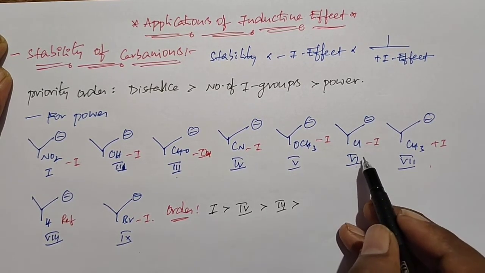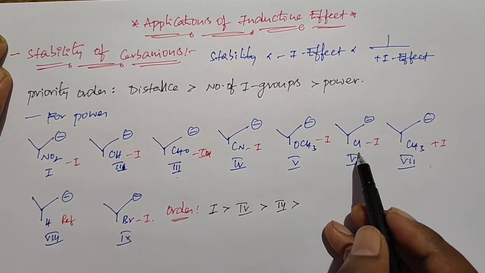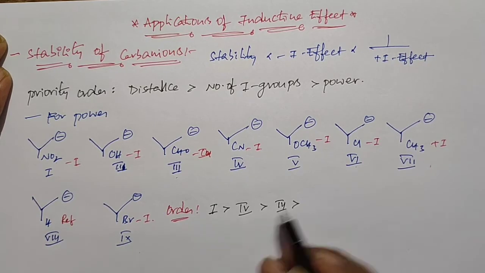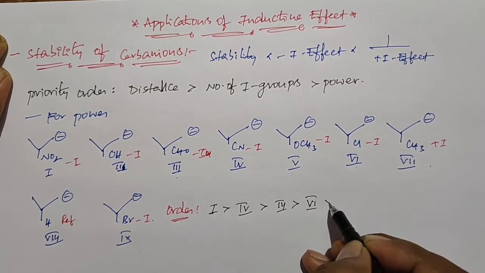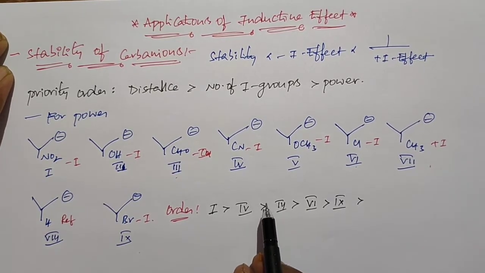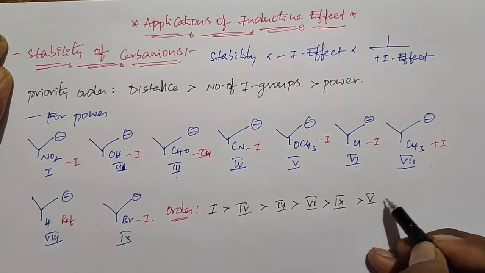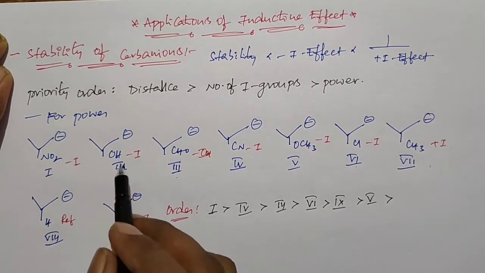Among the halogens, we have two here, chlorine and bromine. Chlorine has more minus I power than bromine. So next we get the 6th structure after the 9th structure. Then after the halogens, the next minus I power group is alkoxy. So the next structure is OCH3, and the next one is OH.